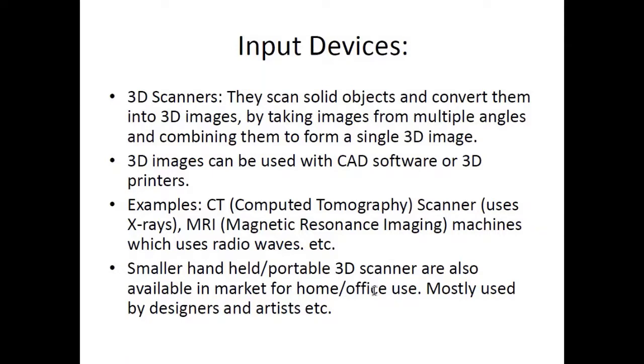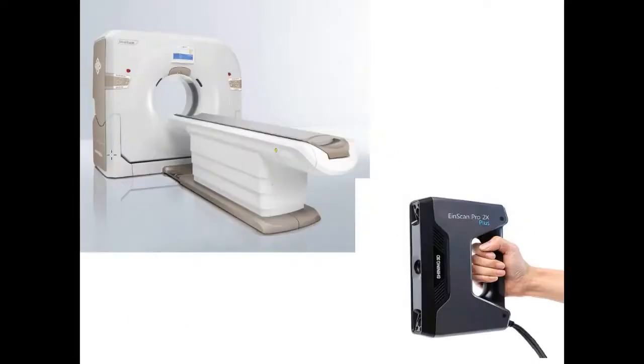Sometimes people use them in their workshops, especially those workshops where they work on 3D printers and 3D models. They are mostly used by designers, artists, sculptors, etc. This is what an MRI or a CT scan machine looks like, and this is a portable 3D scanner.